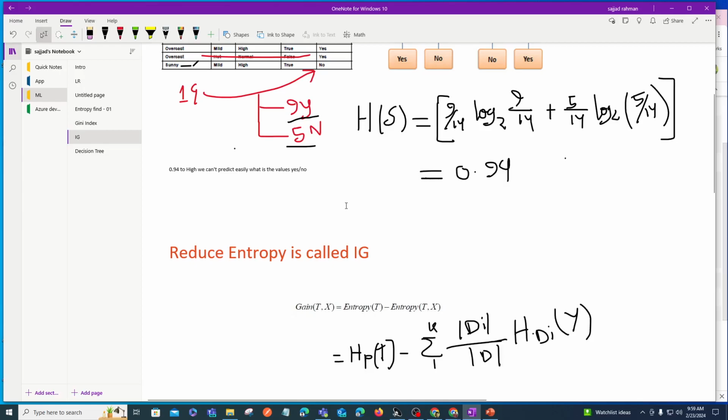So how do we calculate this? Have you any idea?